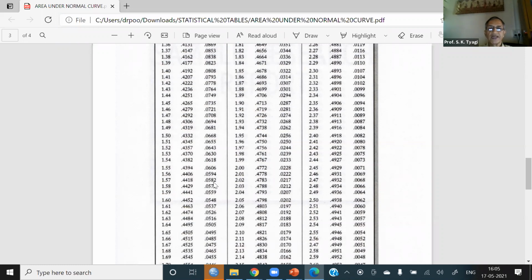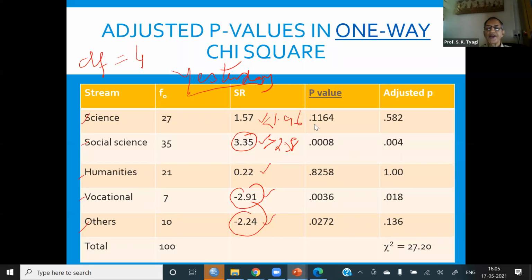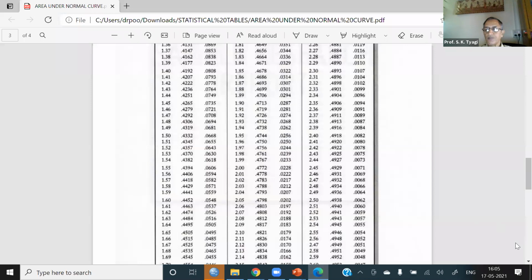In both tails, the area is double of it, so multiplying by 2 gives 0.1164. This is the two-tailed p-value. Similarly, let us take one more example, 3.35. So I go back to this table. Let us check 3.35.